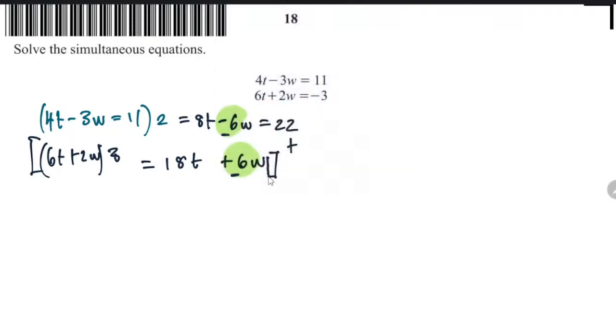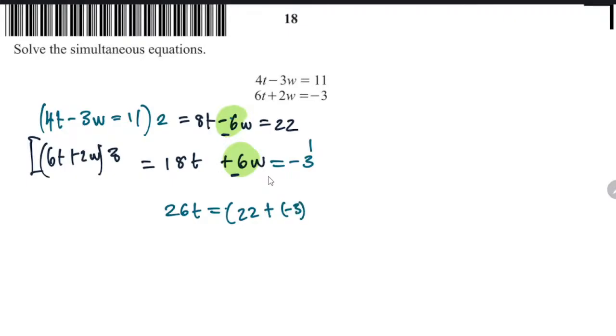So you'd say here, 8 plus 18, you get 26t. Then minus 6 plus 6, it becomes nothing. This will be equal to, on the other side, 22. Then here it is 6w equal to negative 3. So it will be 22 plus negative 3. Yes.